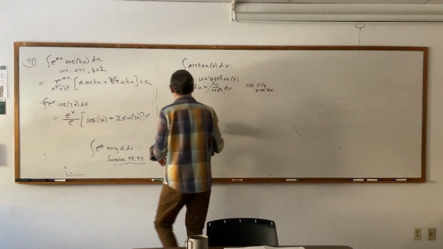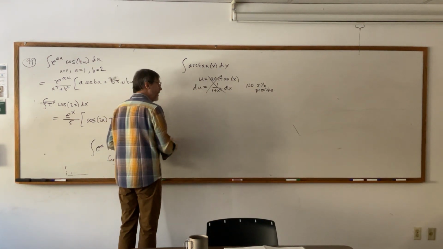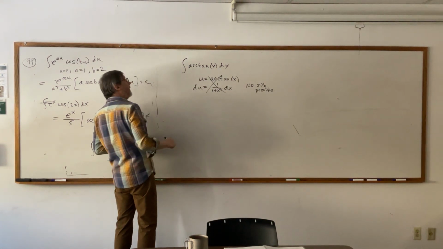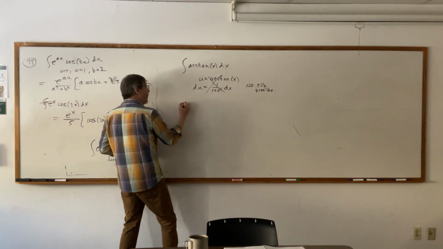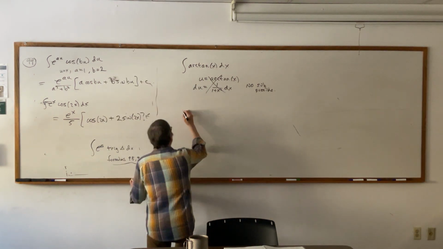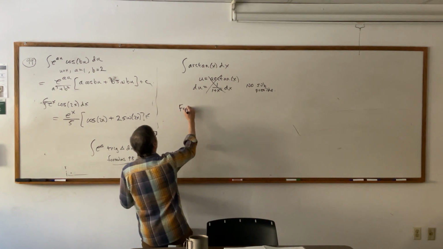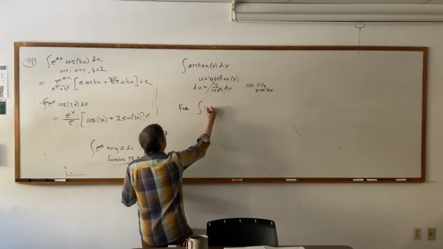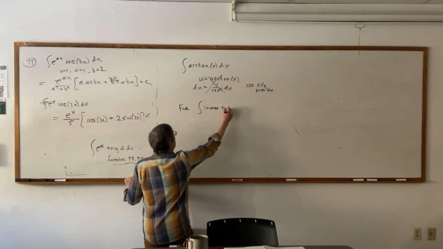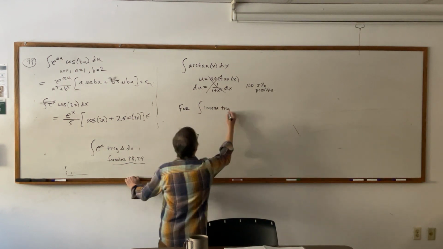Well, let's see, we only know two methods. When you've got inverse trig, so for integrals of an inverse trig, here's a trick, and you will see one to two of these coming up.